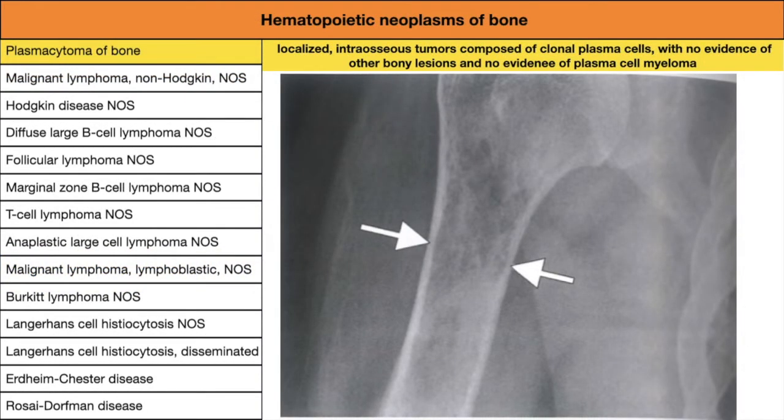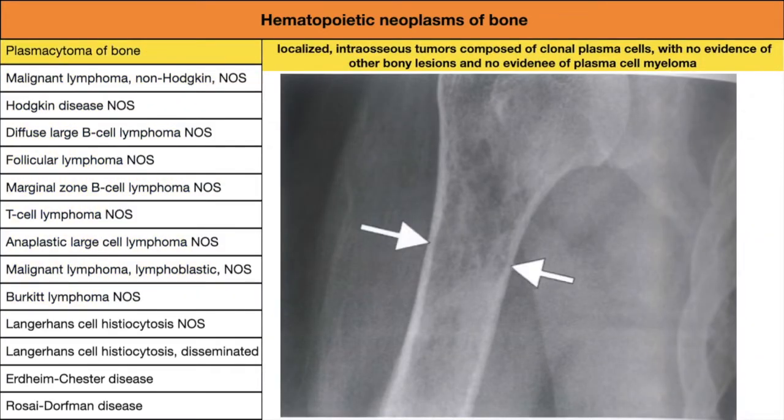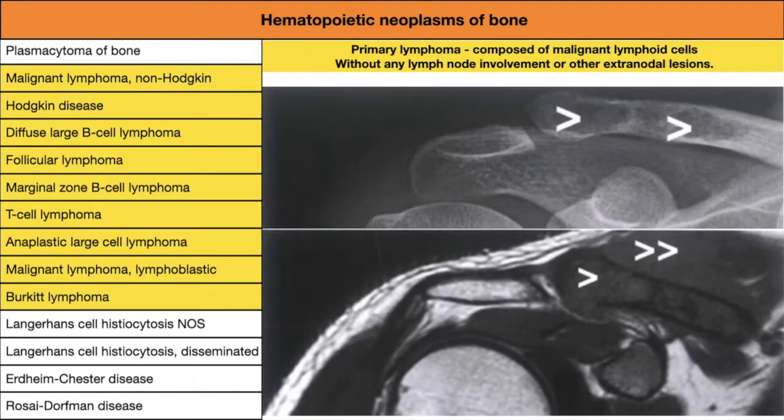The next category is hematopoietic neoplasms of the bone. Plasmacytomas are localized intraosseous tumors composed of clonal plasma cells with no evidence of other bony lesions and no evidence of plasma cell myeloma. Then the lymphomas are categorized into various types.